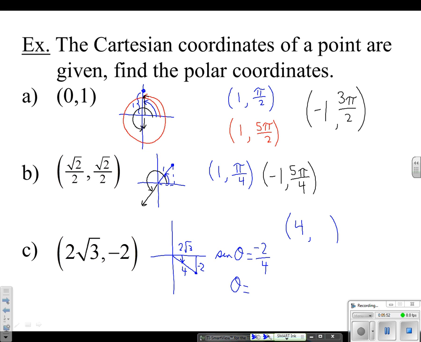And so that angle would be negative pi over 6. So 4 comma negative pi over 6 would be the answer. Basically, we need to remember all of our trigonometry. Obviously, we're doing all the tricky stuff here for these problems. Instead of negative pi over 6, you could also use 11 pi over 6. That would be the same angle.